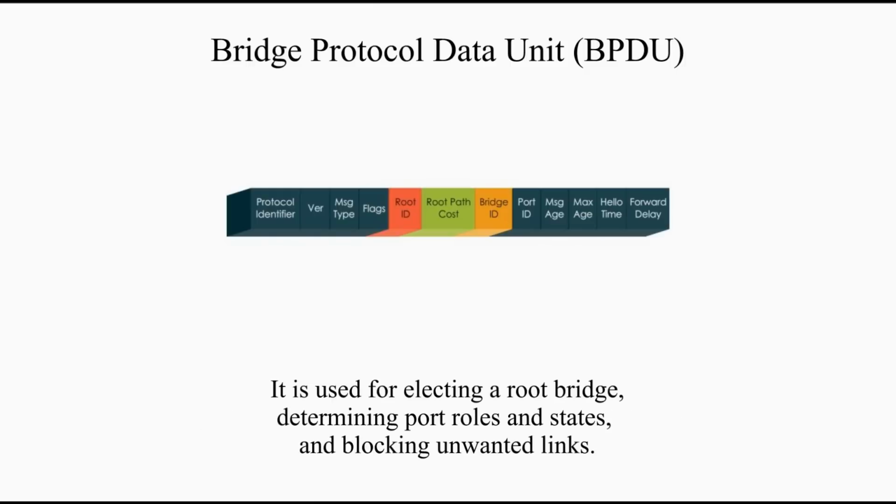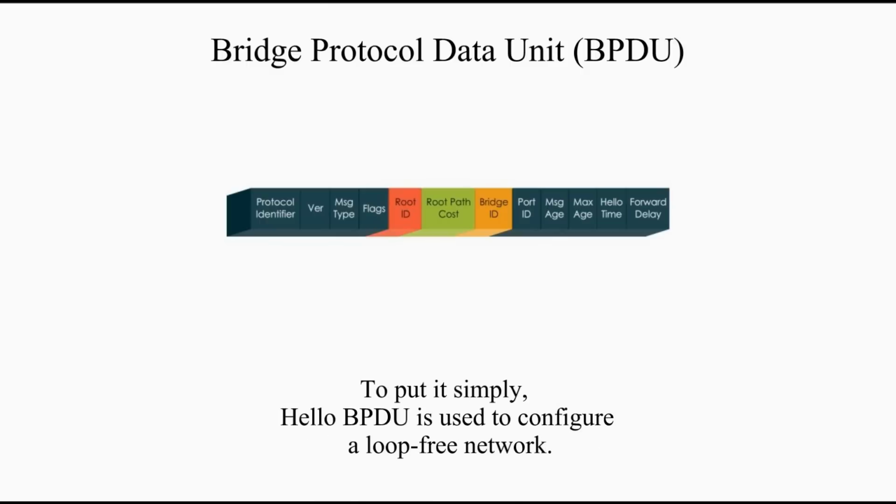It is used for electing a root bridge, determining port roles and states, and blocking unwanted links. To put it simply, the Hello BPDU is used to configure a loop-free network.